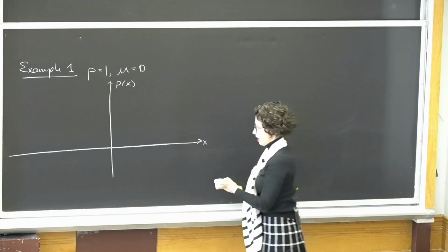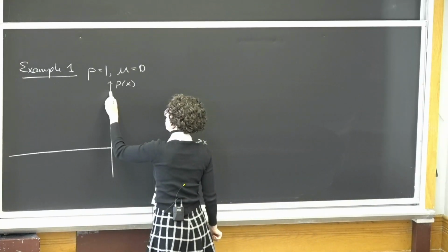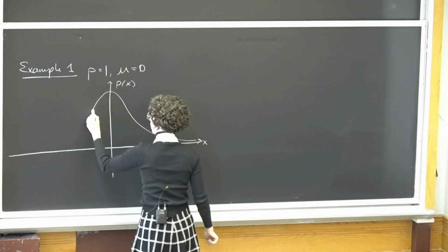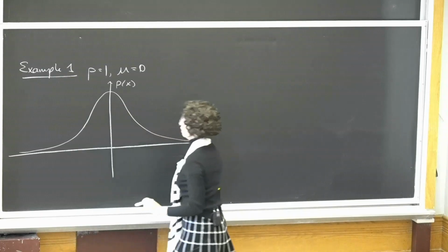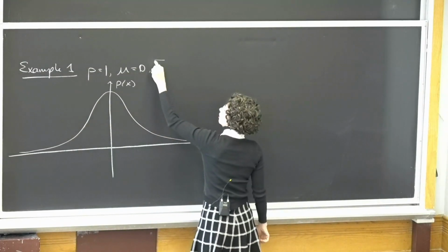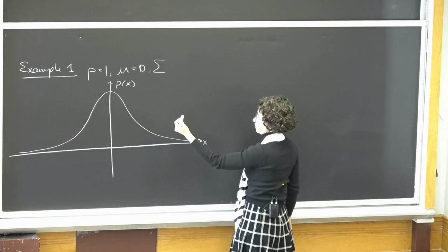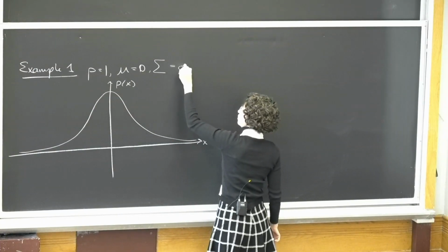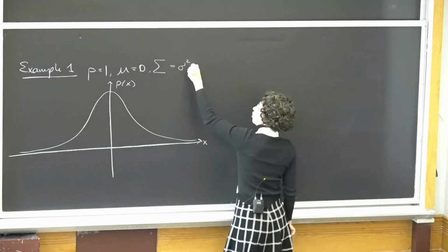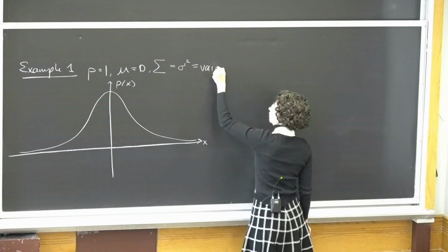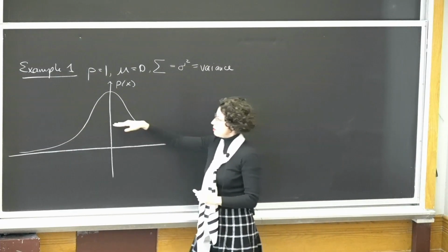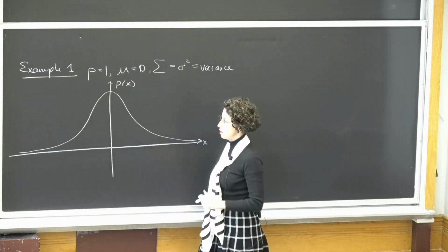And this is the classic bell-shaped curve that you have probably seen before, like this. And now sigma, in this case, this matrix sigma is actually just a scalar, and we would typically write it sigma squared, and we would call this the variance of our variable x.